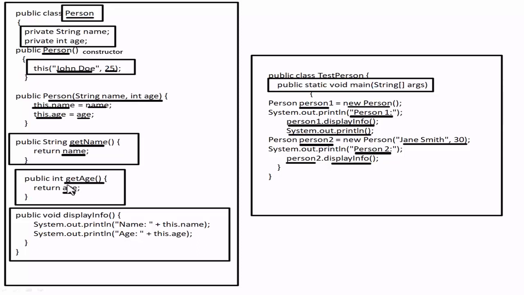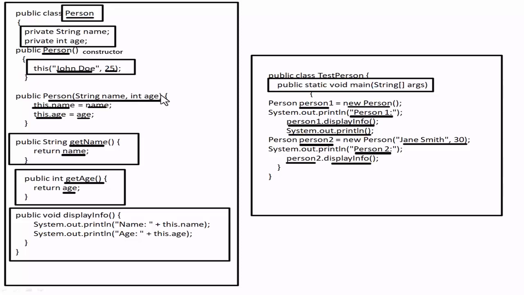Now whenever you use this.name, it is going to assume the name you have set through the arguments, so this.name, not the name which is declared as private.